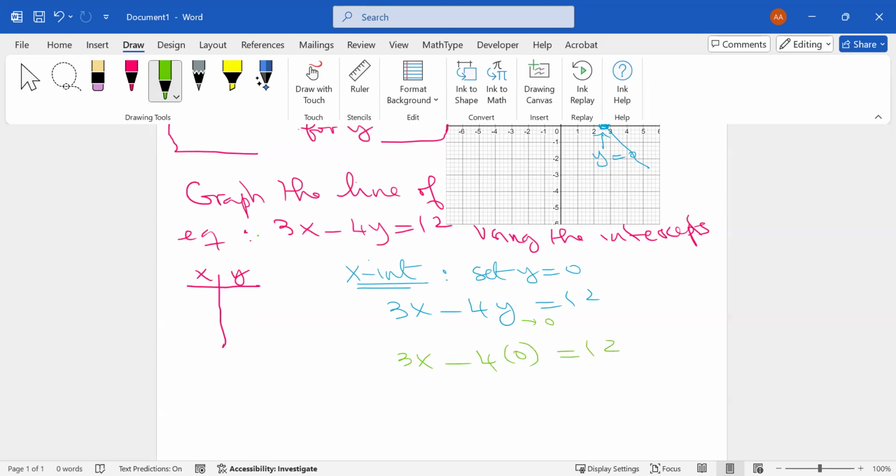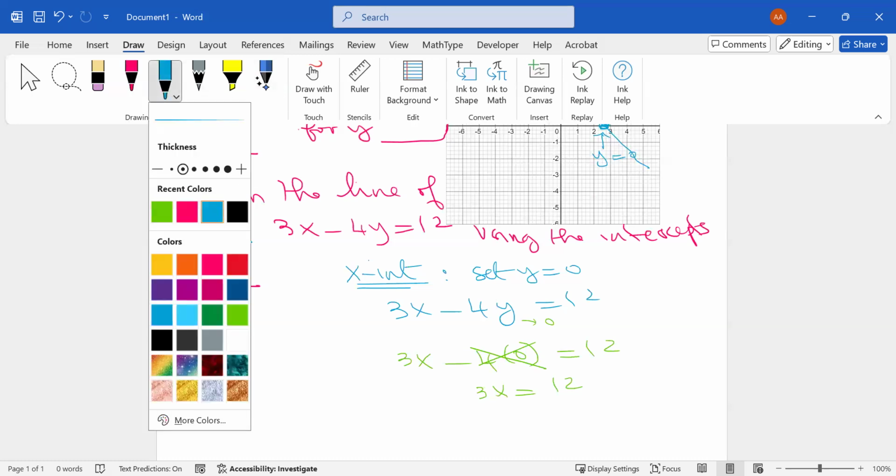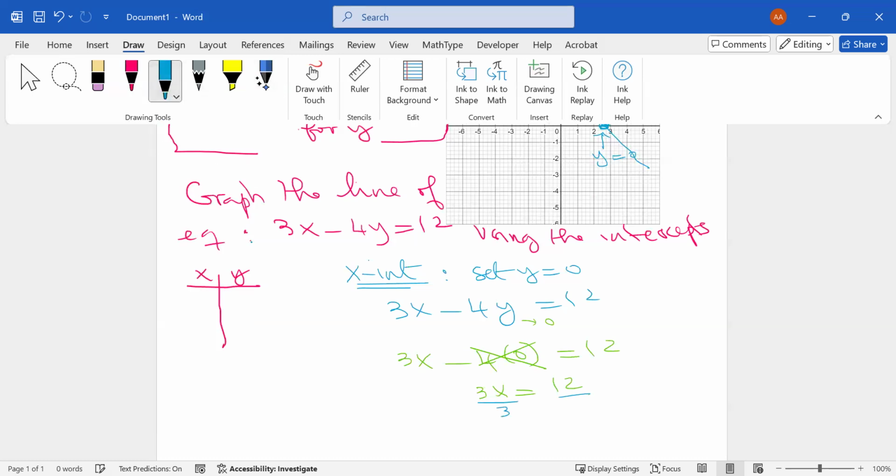We all know that 4 times 0 is just 0, and that leaves me with 3x equal 12. To get x by itself, I divide both sides by 3, so I get x equal 4. I just came up with my first point: x is 4 and y is 0.